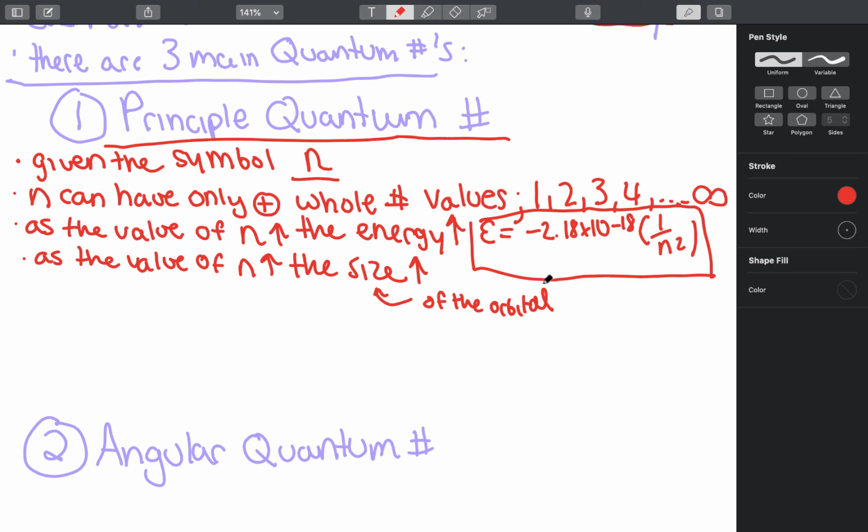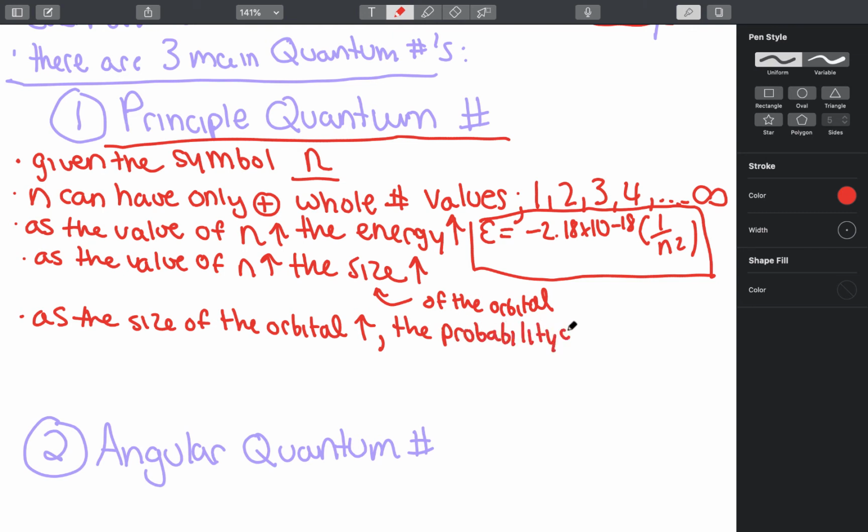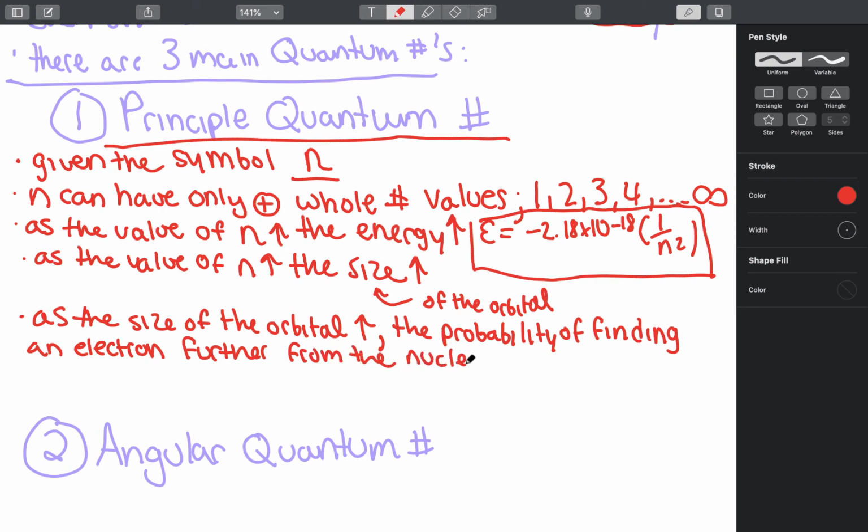So what does this mean about the size increasing? As the size of the orbital increases, the probability of finding an electron further from the nucleus increases as well.